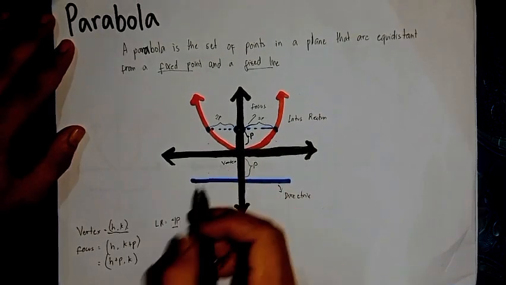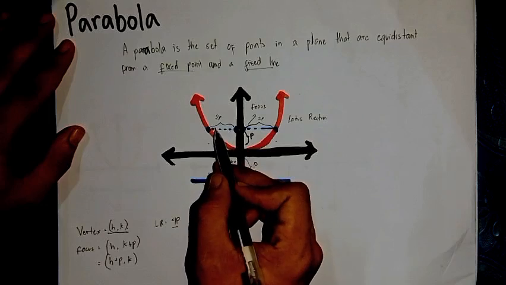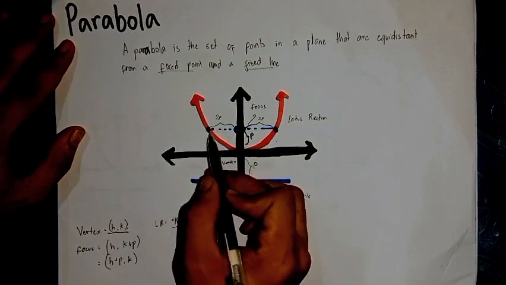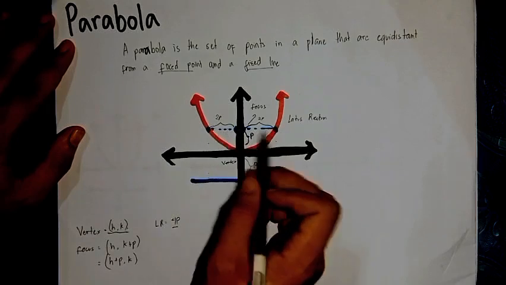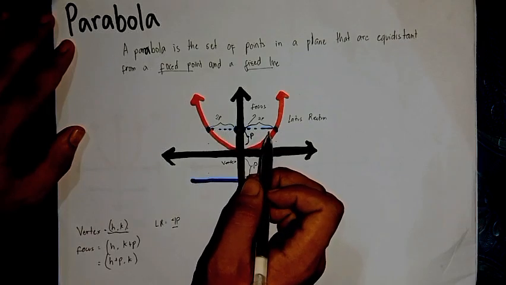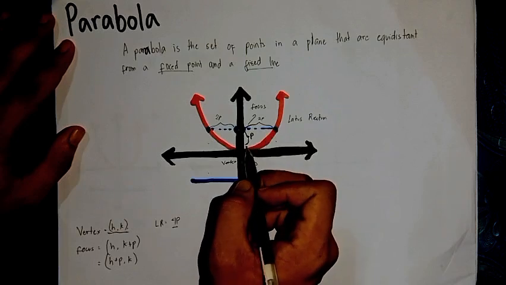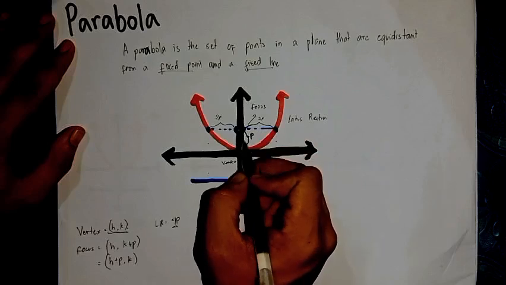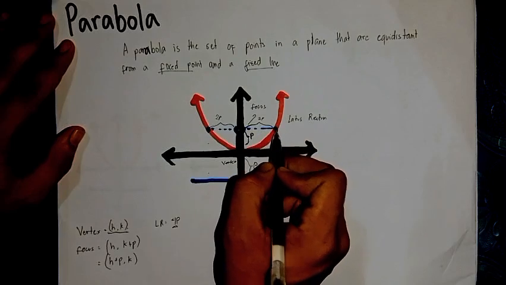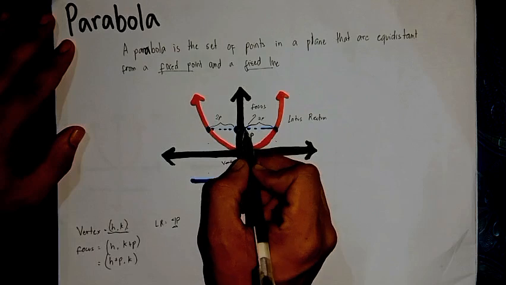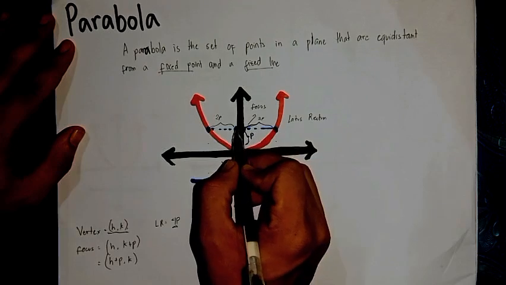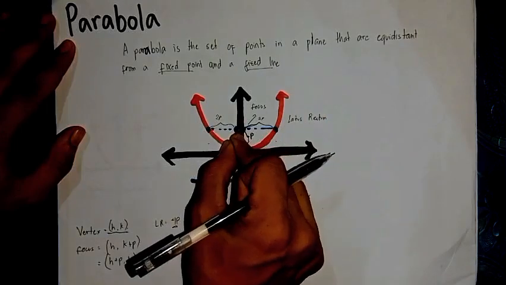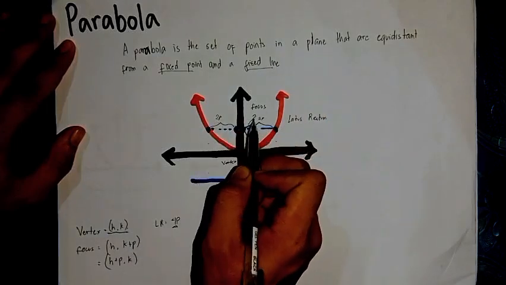The chord through the focus parallel to the directrix is what we call the latus rectum. The latus rectum is equal to 4p, since the distance from here to our fixed point is 2p, and it is the same on the other side. So we have 2p plus 2p, which is 4p.